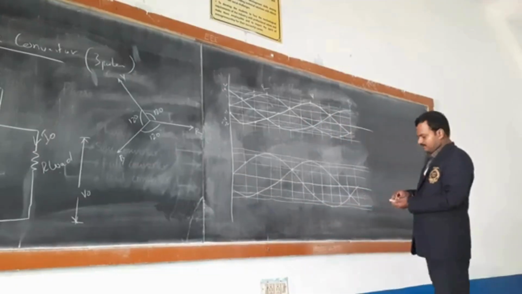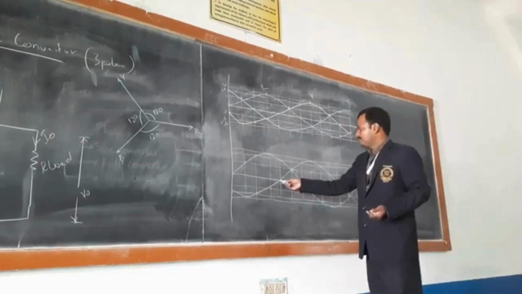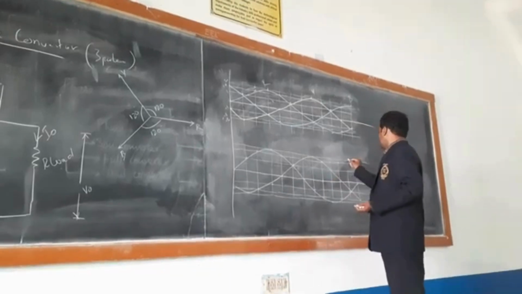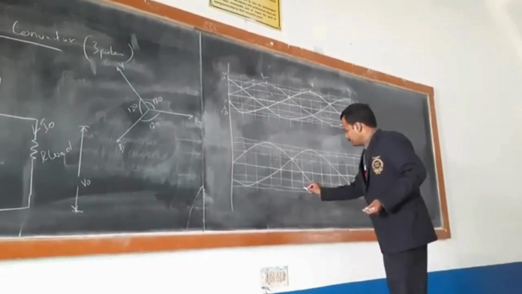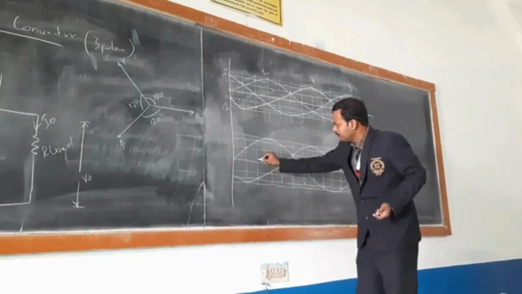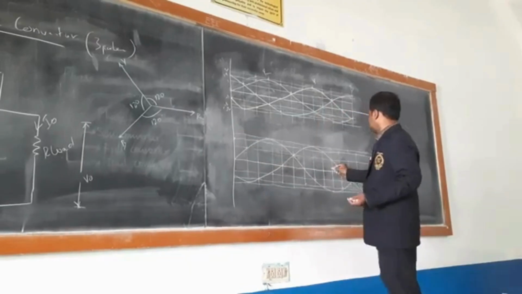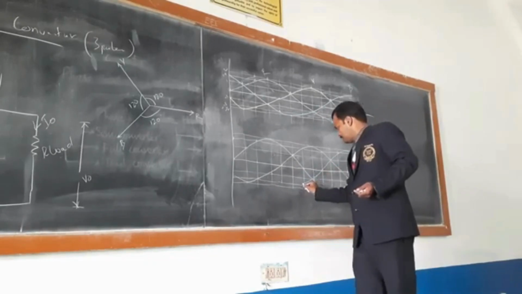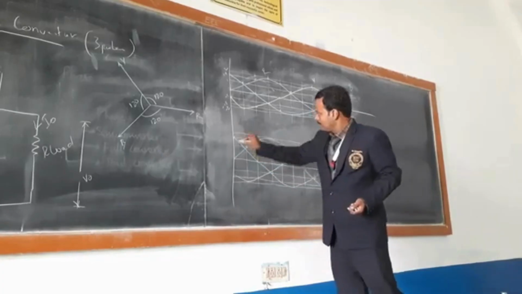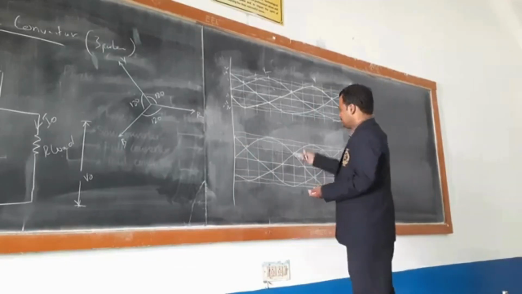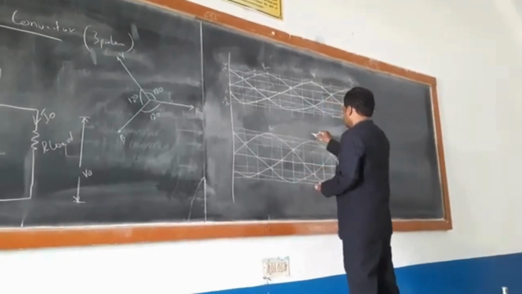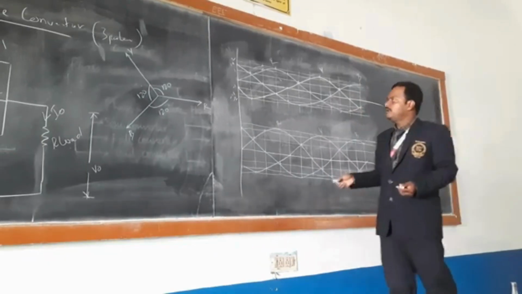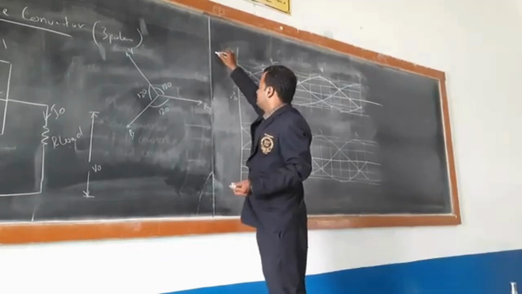R, Y, and the next one is B. From this 120: 0, 30, 60, 90 and 120. Complete the waveform in the negative direction. This is the R phase, this is the Y phase and this is the B phase, and this is the supply voltage.